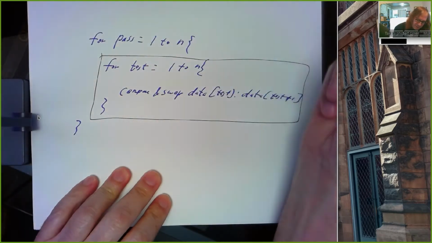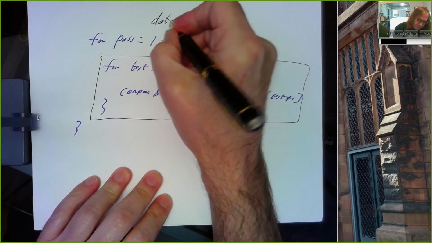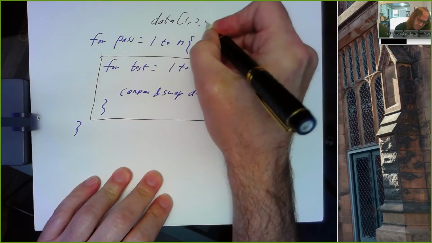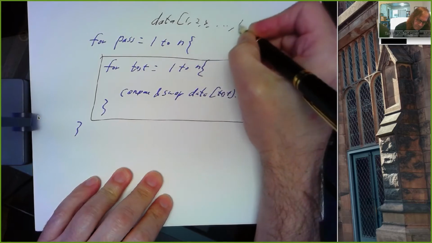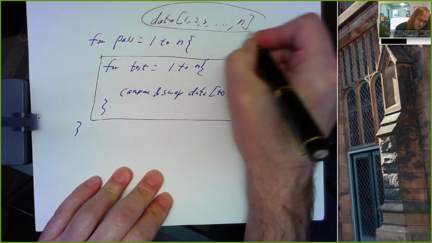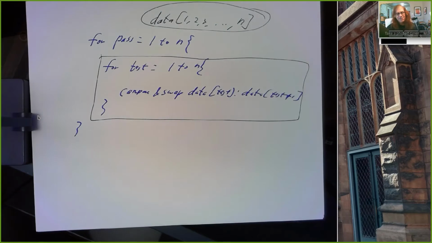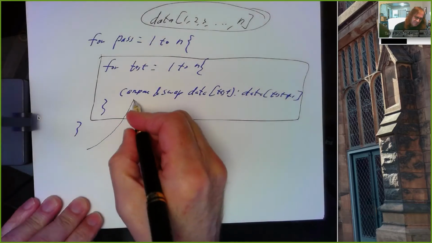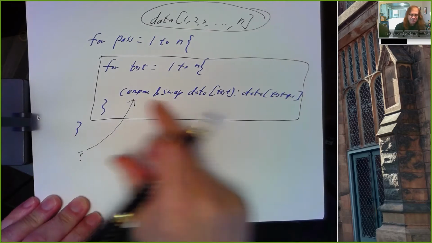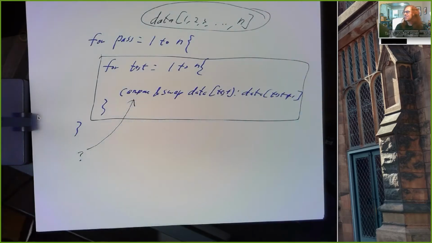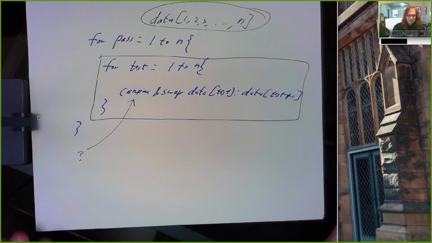So this is assuming that we're testing and comparing and swapping to sort a set of n pieces of data, so an array of length n. So the first question is, how many times potentially will this inside operation of comparing and possibly swapping be executed if our array has n elements in it?